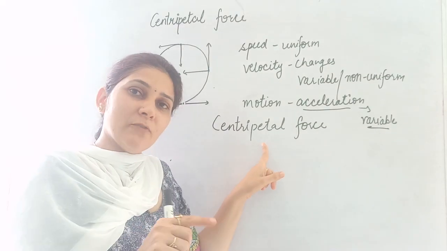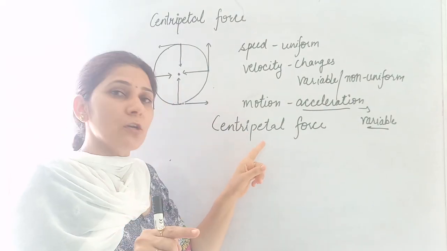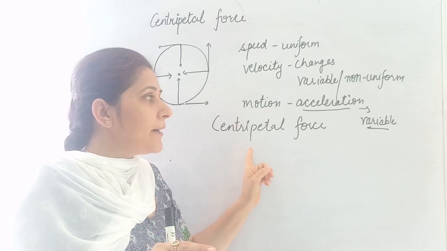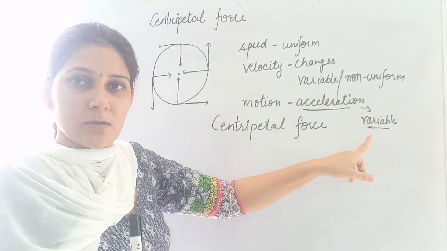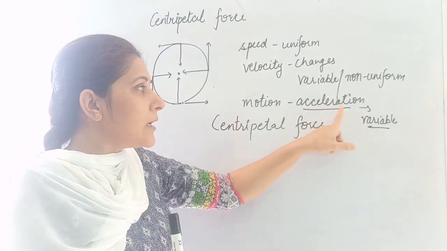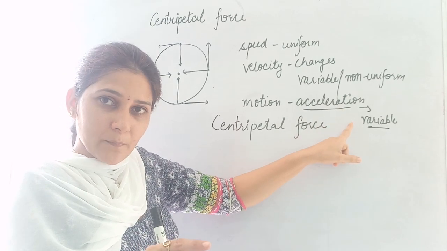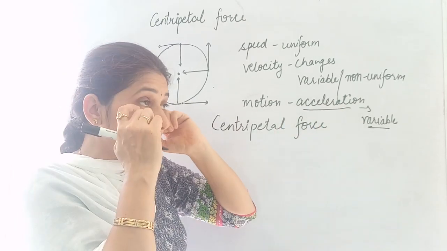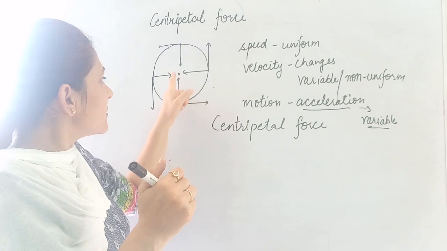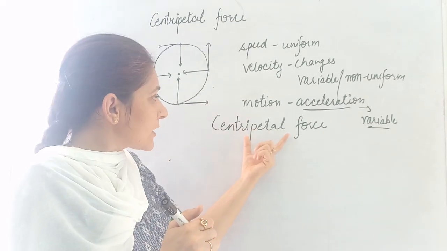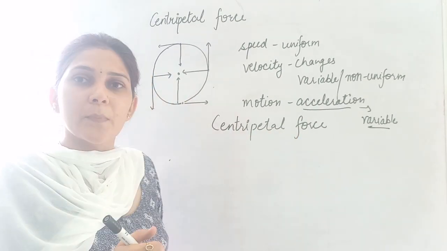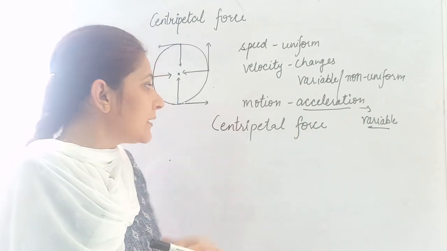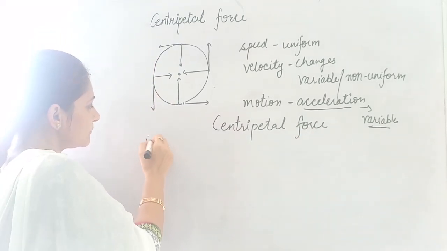And last year we studied that the direction of the force depends on the acceleration. So if the direction of acceleration is towards the center, the direction of force is also towards the center.